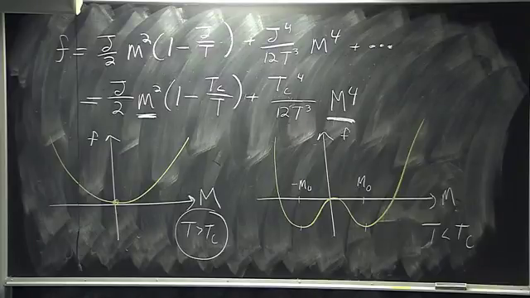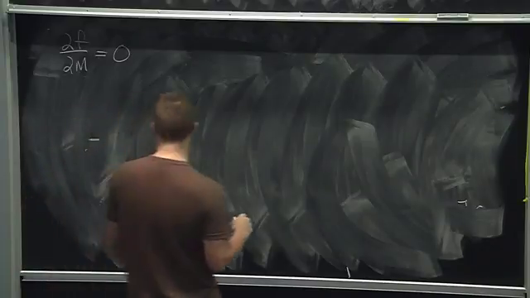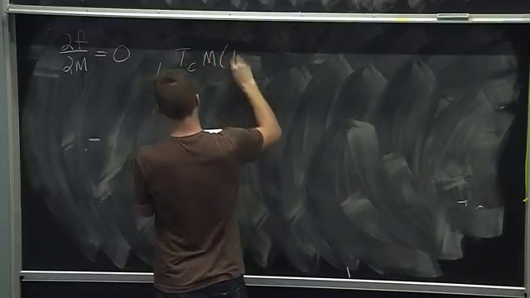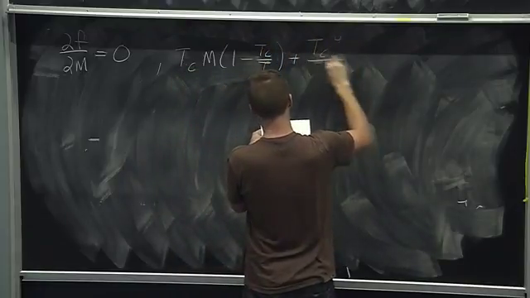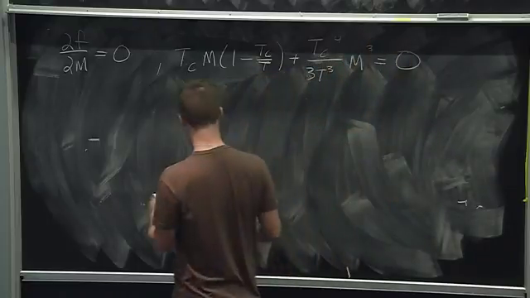Okay, so let's keep plugging away to calculate beta. So I have a free energy. If I take the derivative, like I did before, I can calculate my mean field value for m from this equation.